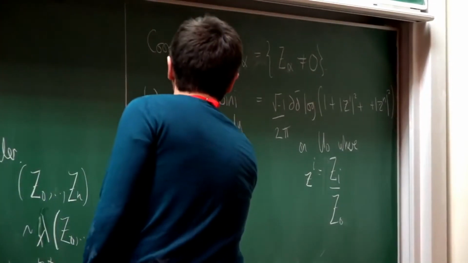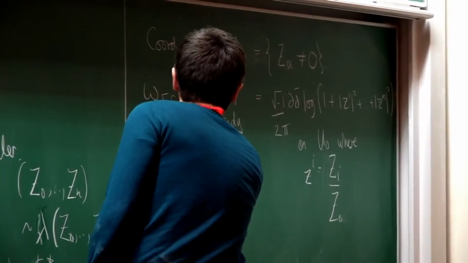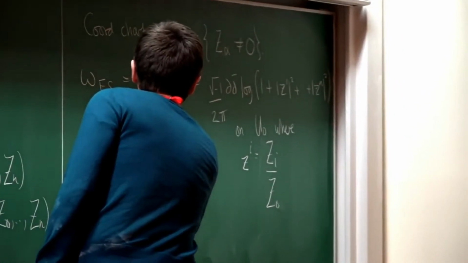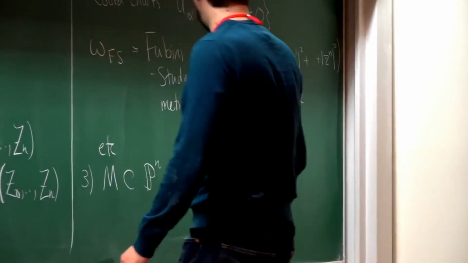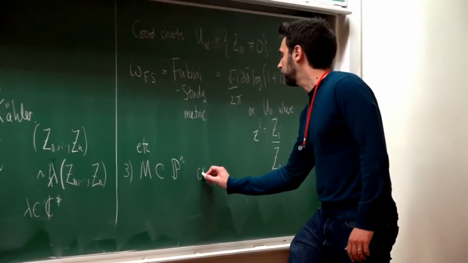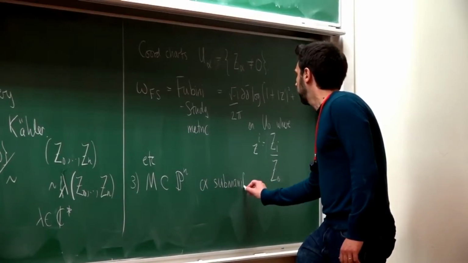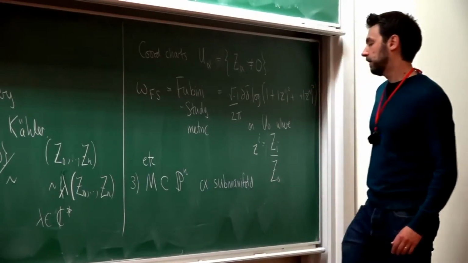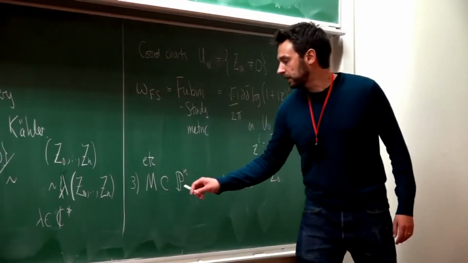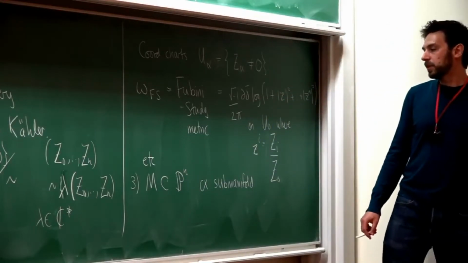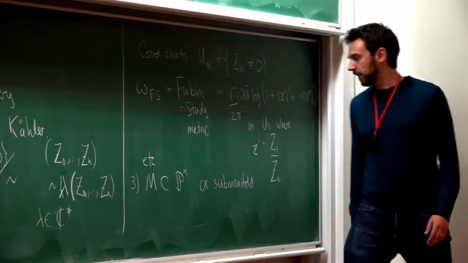Okay. And then the third example is you could take any M in CP^n, a complex submanifold. In other words, by Chow's theorem, this is the same thing as all smooth projective varieties.